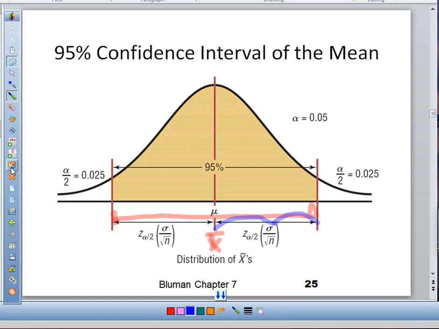Maybe I'll just do the error instead. That might be easier. I've gone 1 error this way and 1 error that way. An error being, for 95% confidence interval, 1.96 times sigma over square root of n. So 1.96 standard deviations this way, 1.96 standard deviations that way for a 95% confidence interval.